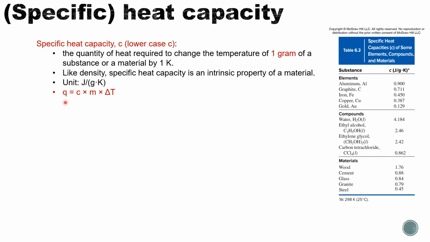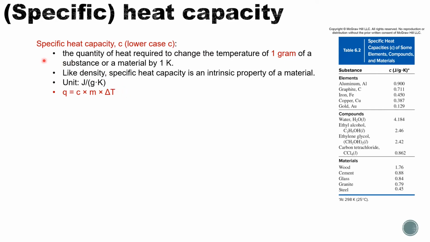Look at this equation. If the heat is the same, the larger the heat capacity, with the same mass of water, the smaller the change of temperature will be. Because of that, water is used in many circumstances as a buffer to slow down the temperature change of other materials.